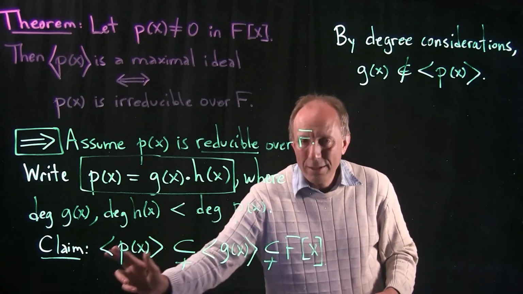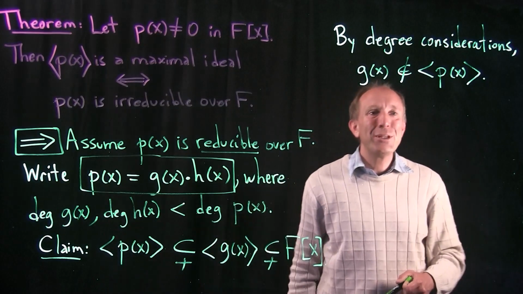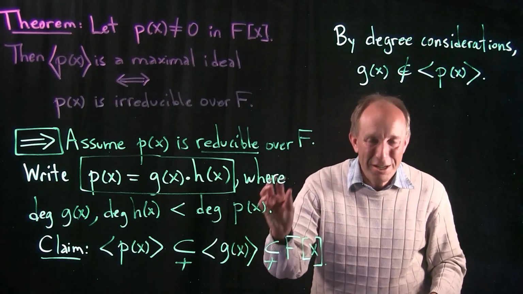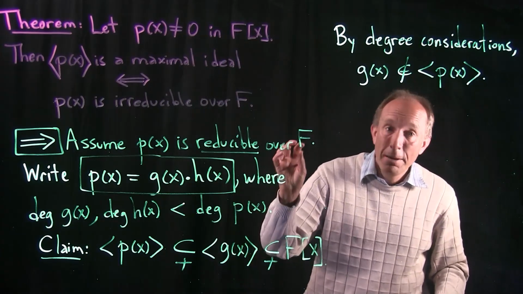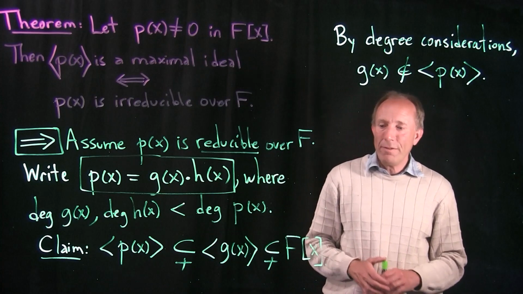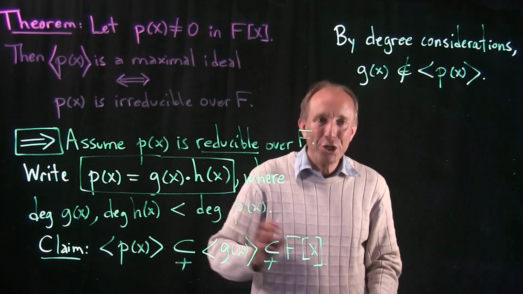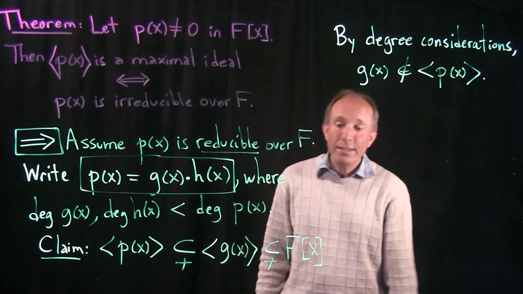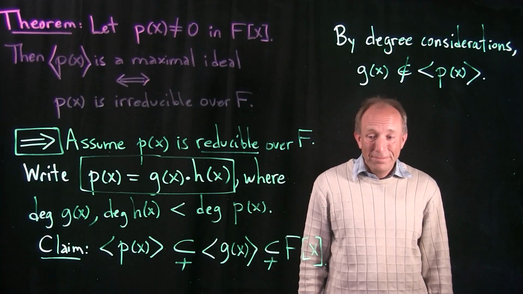This is a strict one-way subset relationship. The principal ideal generated by g of x is properly larger than the principal ideal generated by p of x. In other words, it's strictly larger. Great. On the other hand, g of x is not a unit.